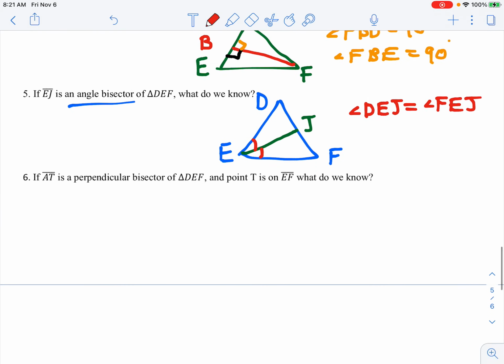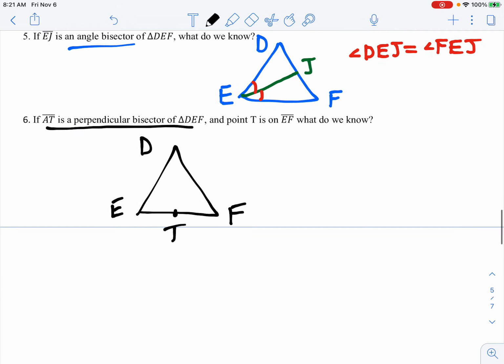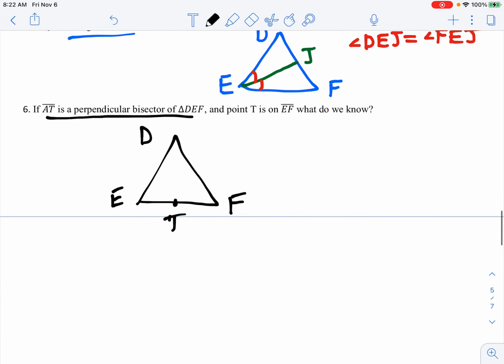All right, our last one is perpendicular bisector. Notice AT is perpendicular bisector of DEF. So let's draw a triangle DEF. And it says that point T is on EF. So let's put point T somewhere on EF. And it says that it goes straight up and hits at point A. Now remember, it does two things when I have a perpendicular bisector, and this was a T down here, sorry, it's hard to see.